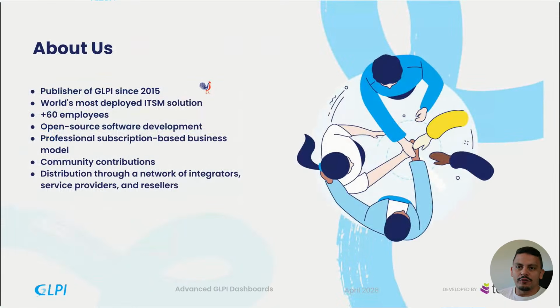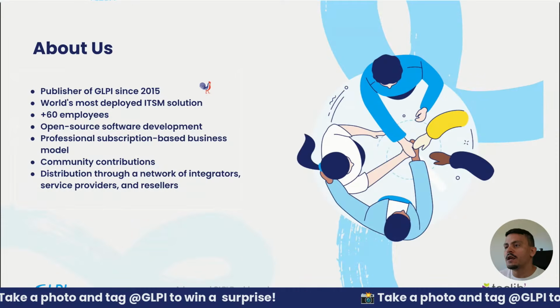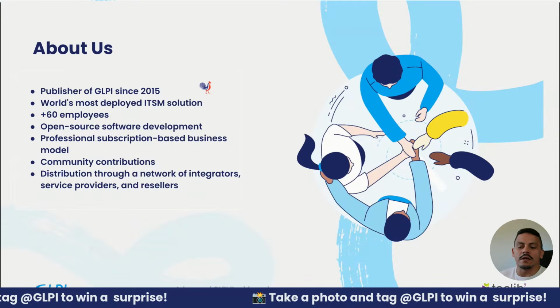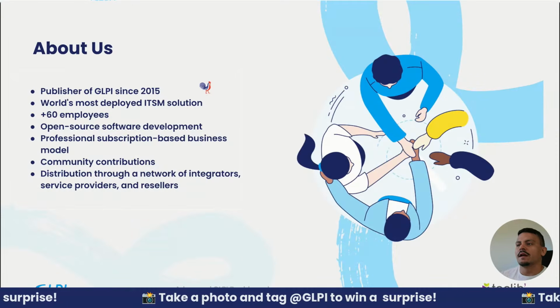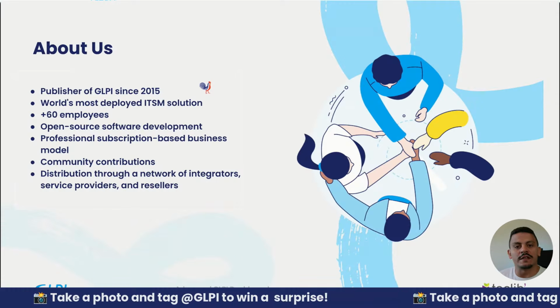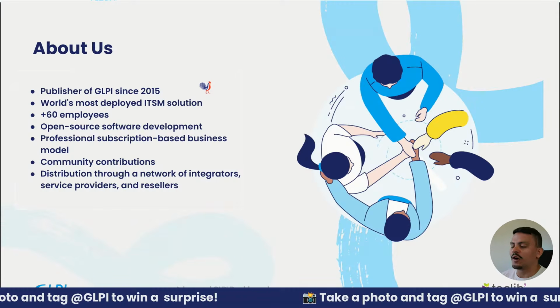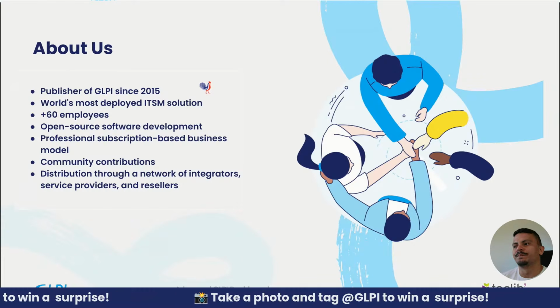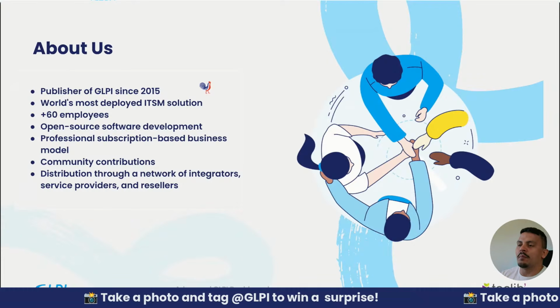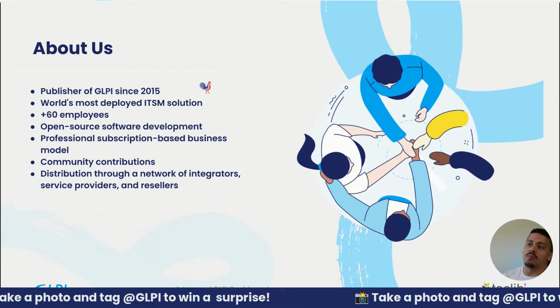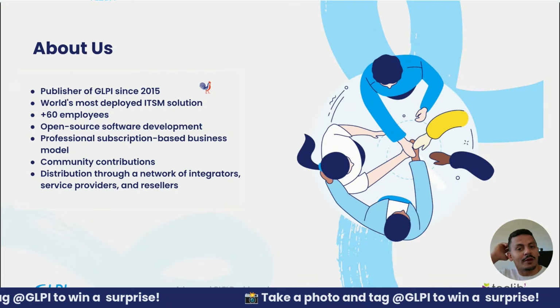So first of all, if you don't know TechLib, it is a company from France, and we are publisher of GLPI since 2015. We just work with open source software. So at the moment, we are the editor of the world's most deployed ITSM solution, which is GLPI.